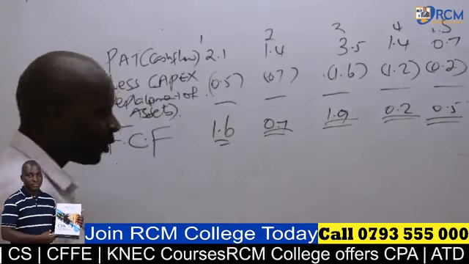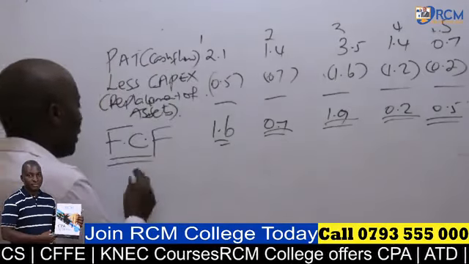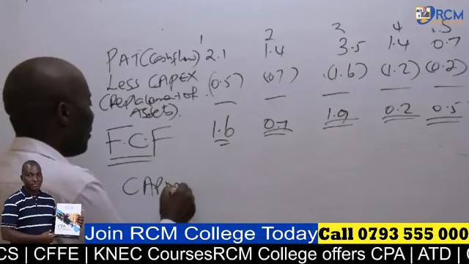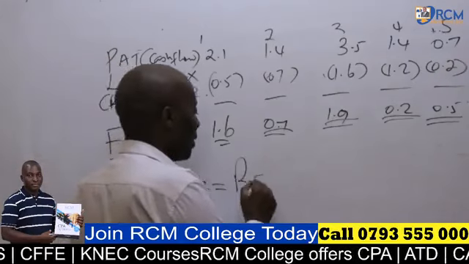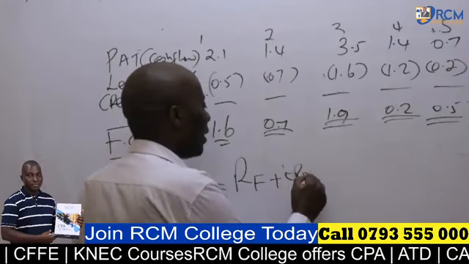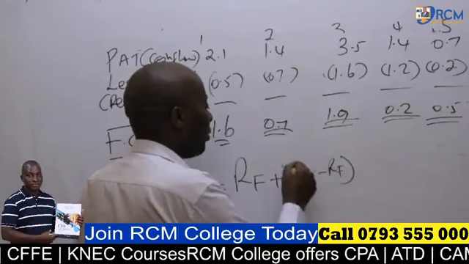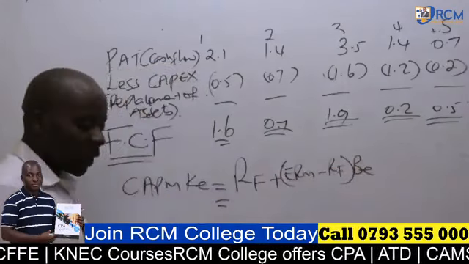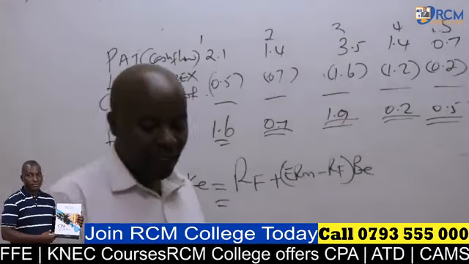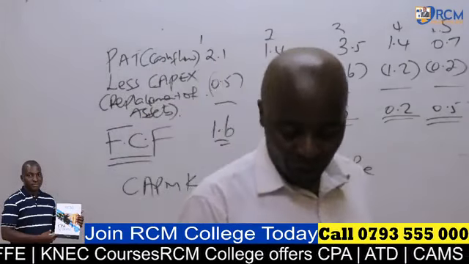Ladies and gentlemen, for CAPM, cost of equity, we know it is risk-free plus expected return of the market minus risk-free multiplied by beta equity. Risk-free, which also happens to be cost of debt, has been provided in the question.